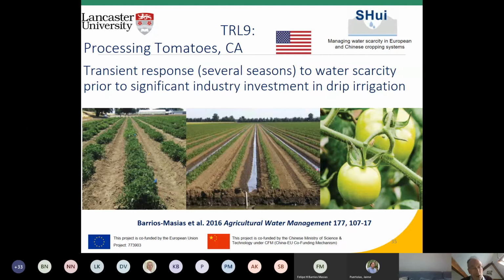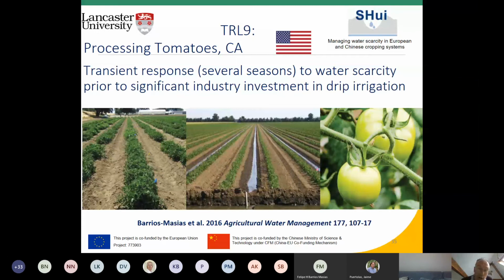One interesting little aside, within the SHui project, we have a remote sensing group, and I'm not sure whether they're on the call this afternoon or not, but certainly one of the challenges, I think, in documenting the application of partial root zone drying within a wider area like California is just to understand which growers are applying it and how often they might be applying partial root zone drying.